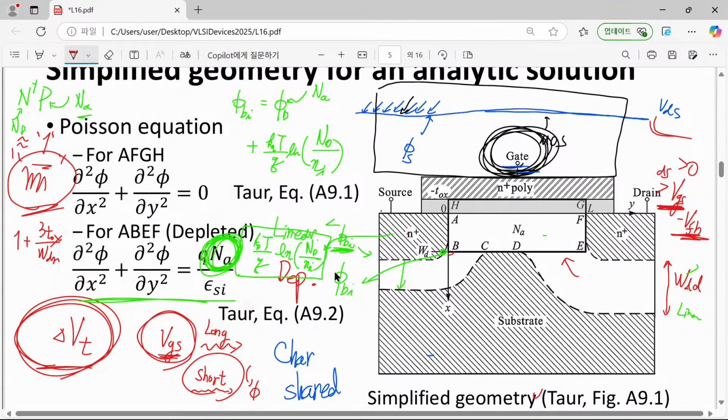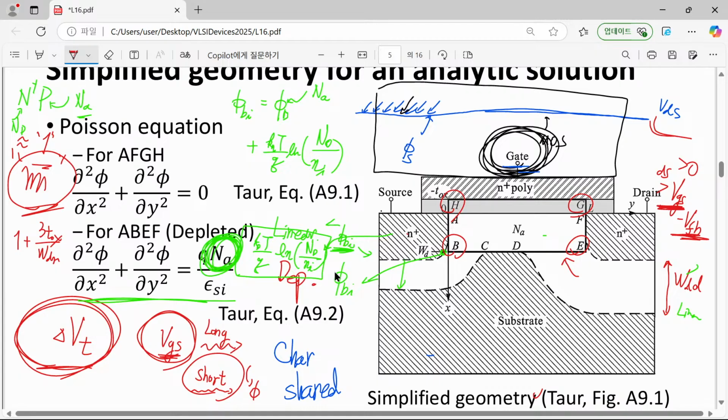We love this B, E, G, H box. Within it, we can just solve the linearized Poisson equation.